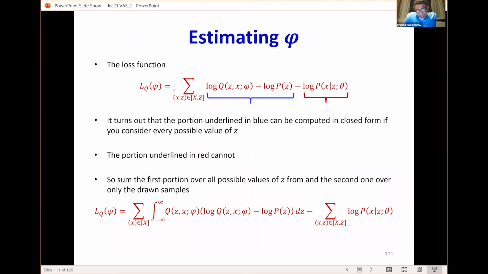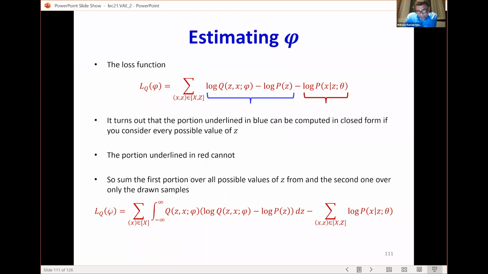So when you work out the arithmetic, you're summing over all of the completions of the log of Q minus log of P of Z minus log of P of X. And this first term can be computed over all possible completions.